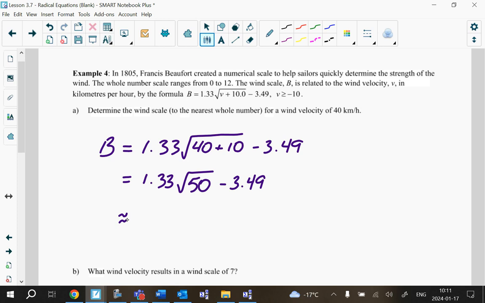What do you get? 6 is correct. So that means the scale is 6. It's about halfway from 0 to 12, so I guess we would call that moderately windy.